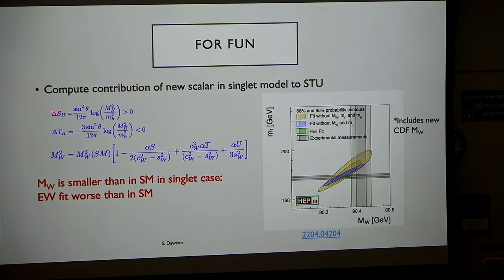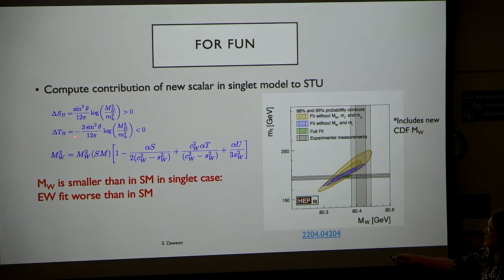Here we go, the contributions to S. It's logarithmic. Here's the heavy mass, and here's the standard model mass, because we always calculate relative to the standard model. So when I say delta S, what I mean is I calculate S with all the standard model contributions, then I subtract that off of what I'm calculating in my new physics model. So delta S is the difference from the standard model due to my new physics.